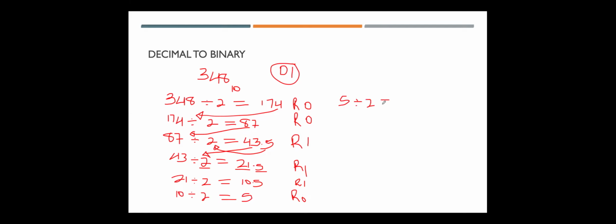We shall obviously get 2.5, and we shall take our 0.5 times the base 2, and then it will give us a 1, which is now remainder 1.